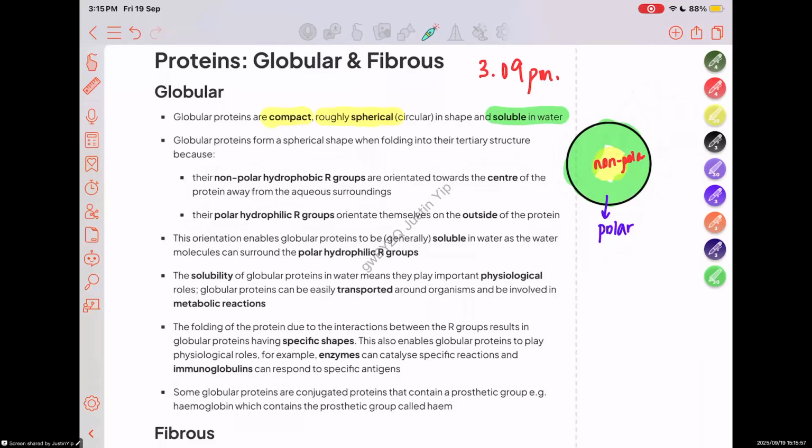For example, most of our drugs, our medicines, are non-polar. So I put the non-polar inside and the outside is polar, so it can help transmit them into our body and let these non-polar substances pass through our cell membrane. So this will be our globular protein.